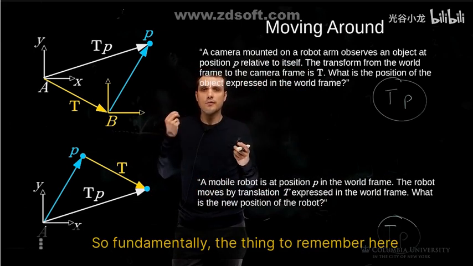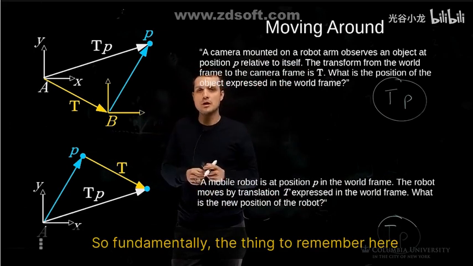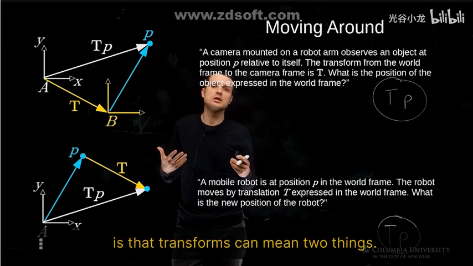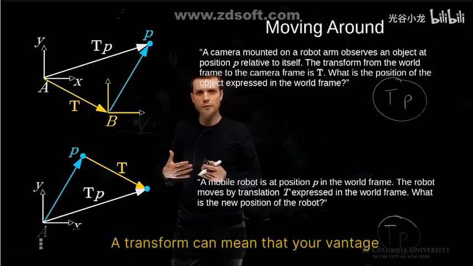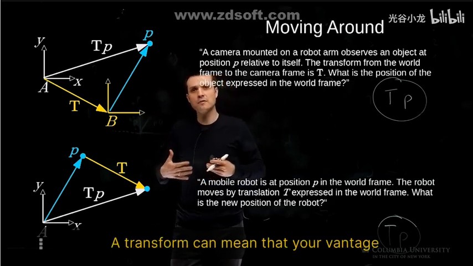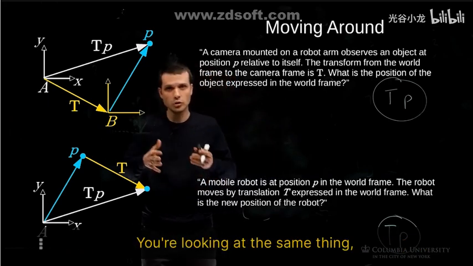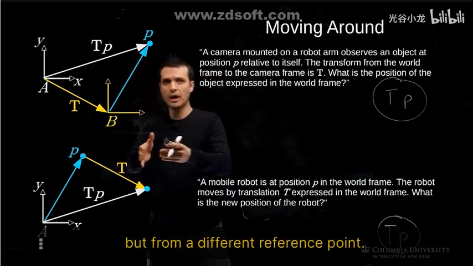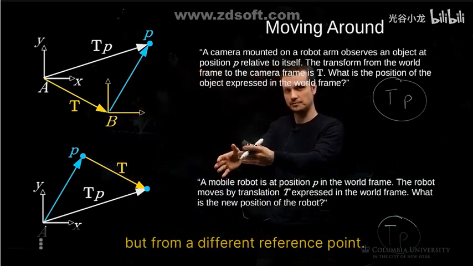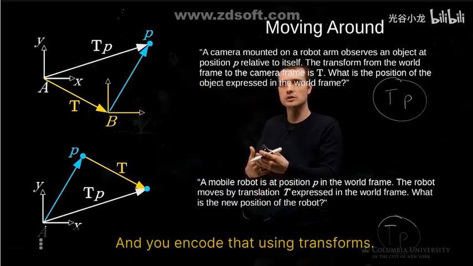So fundamentally, the thing to remember here is that transforms can mean two things. A transform can mean that your vantage point is changing, that your reference point is changing. You're looking at the same thing, but from a different reference point. And you encode that using transforms, right?